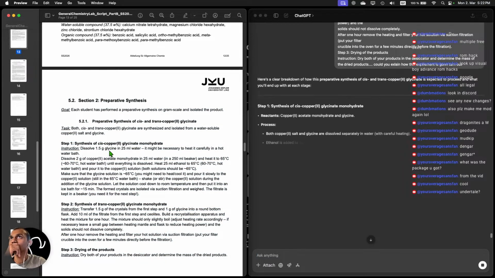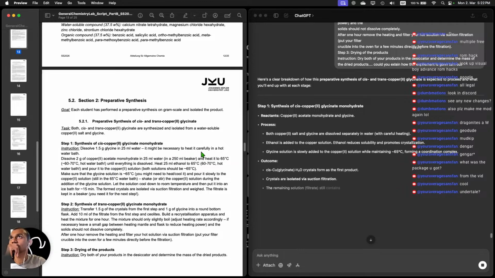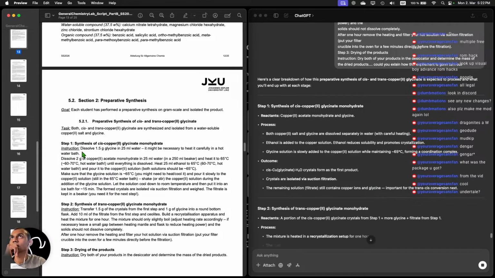To dissolve 1.5 grams of glycine in 25 milliliters water, it might be necessary to heat it carefully in a hot water bath. Dissolve 2 grams of copper acetate monohydrate in 25 milliliters water and heat it up to 65 degrees Celsius, in a 60 to 75 degree hot water bath, until everything is dissolved.